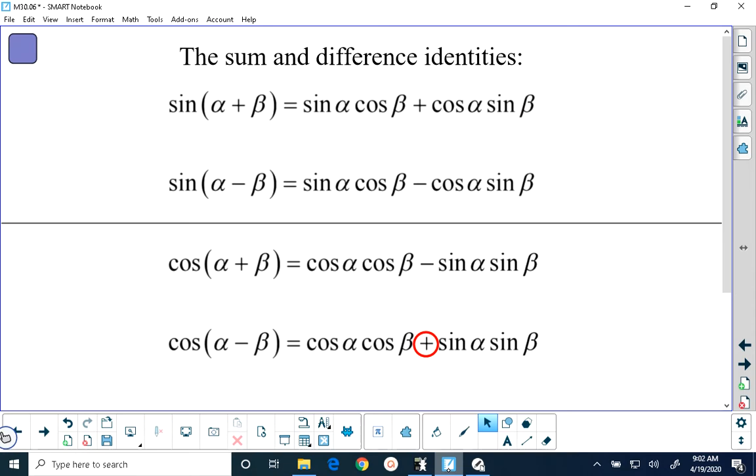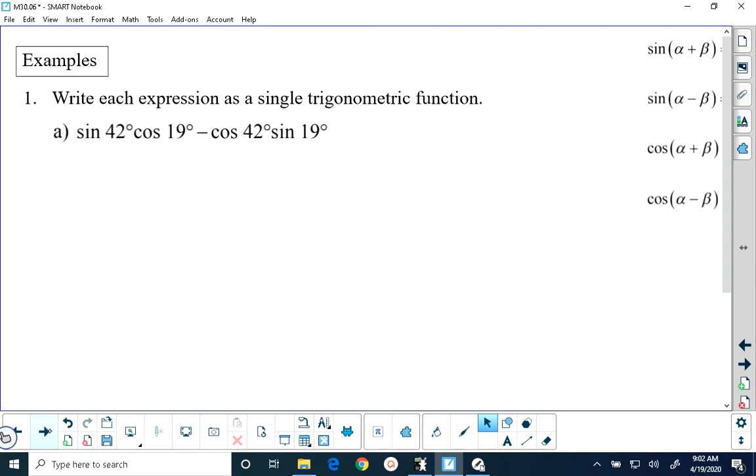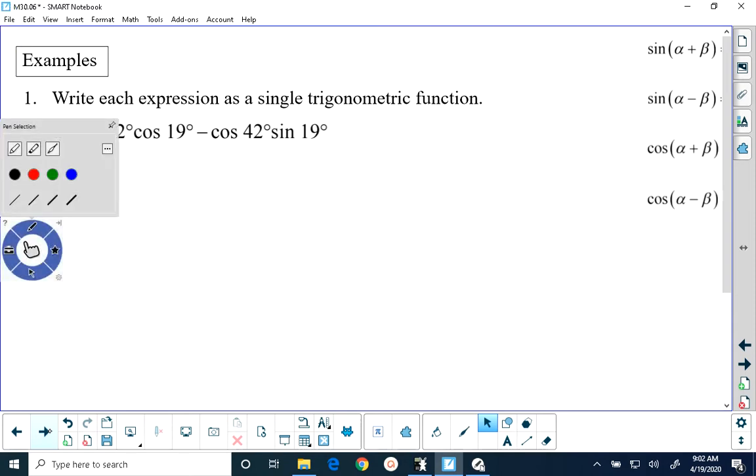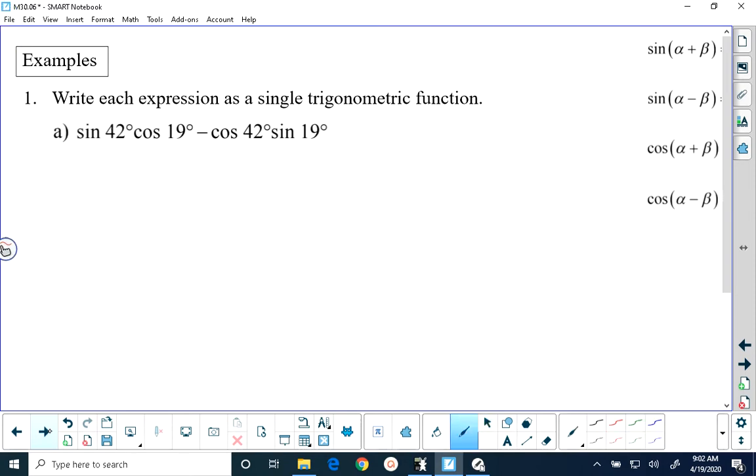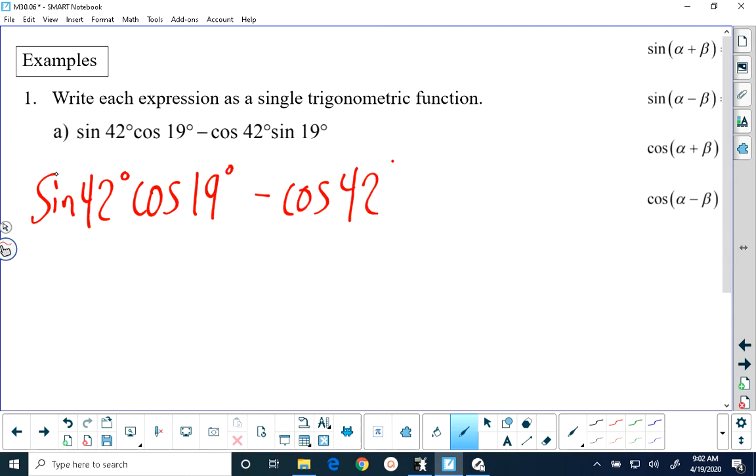So let's take a look at some examples. At least to begin with, the examples are going to involve you trying to match up some information in a question to an identity. I just want to rewrite this question, 1a, a little bit bigger. Sine of 42 degrees multiplied by cosine of 19 degrees, and then minus the cosine of 42 degrees multiplied by the sine of 19 degrees.